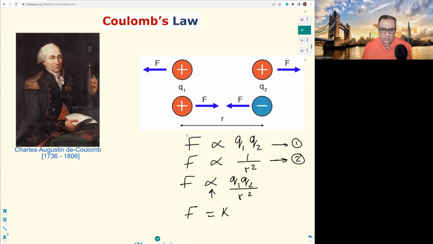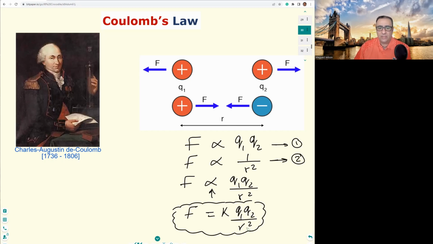So F equals K Q1 Q2 over R squared. And this is the mathematical formula for Coulomb's law, where the force is in Newtons, Q is the quantity of charge in Coulombs, and R is the distance between the point charges, in meters in the SI system.